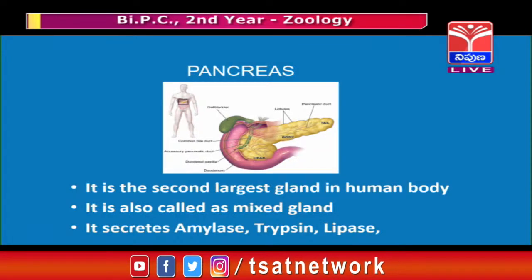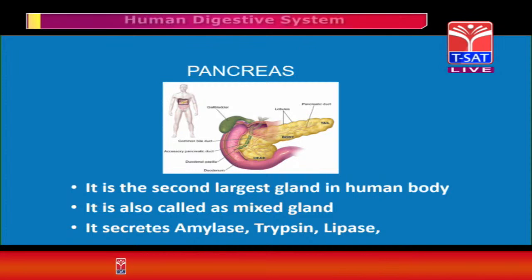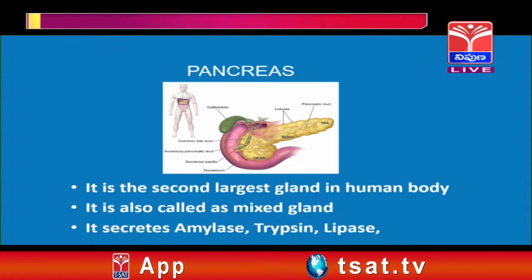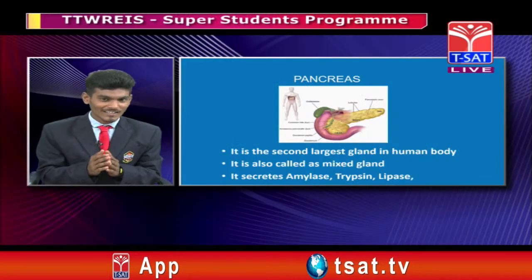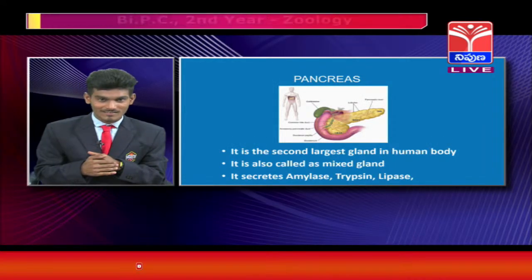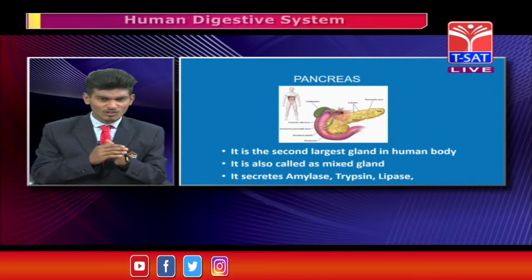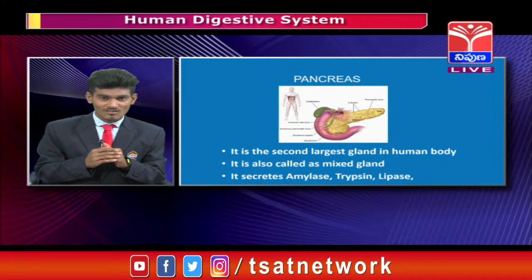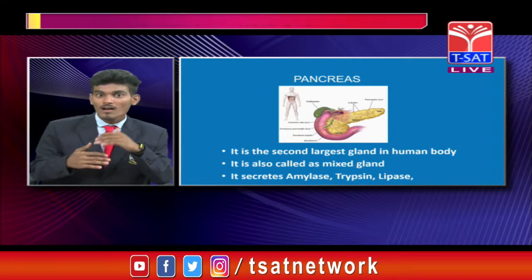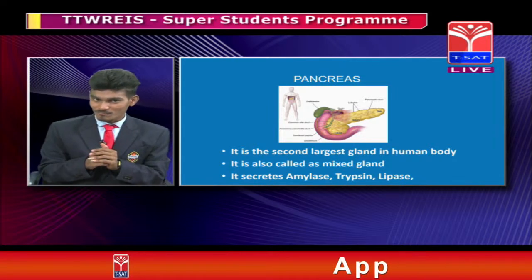The amylase enzyme acts on carbohydrates. The carbohydrates are converted into maltose with the help of the amylase enzyme.